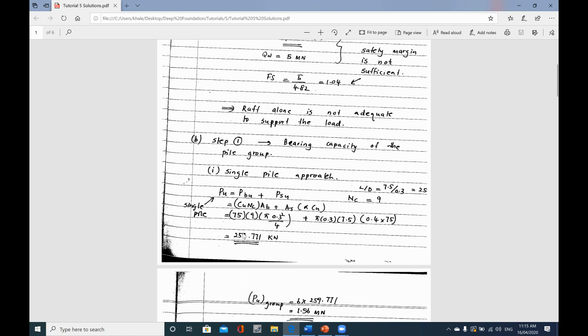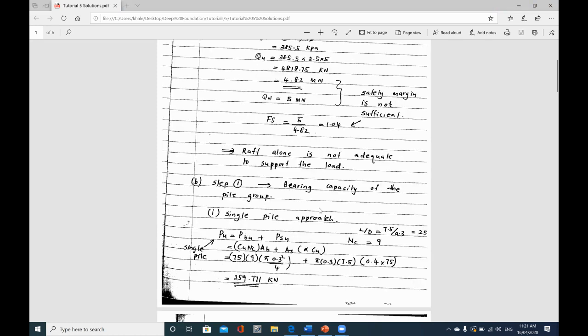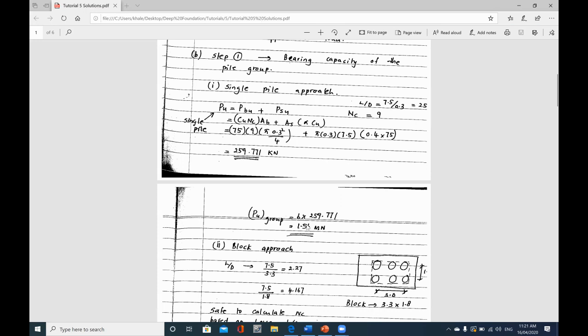And for the group system, we need to multiply this number by the number of piles in the problem, which are 6. So if we multiply this number by 6, that will give us 1.56 meganewtons. That's for the pile group system, considering the single pile approach. We found the load carrying capacity using the single pile approach, and it was 1.56 meganewtons.